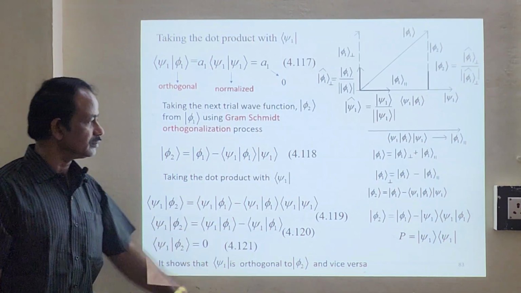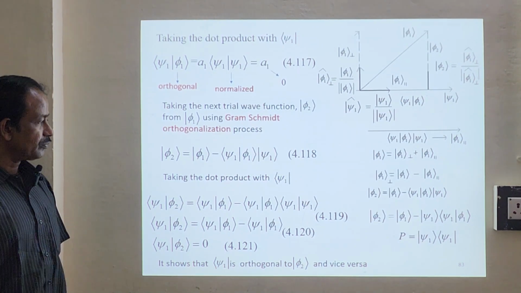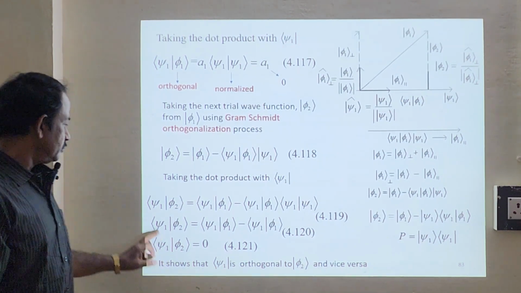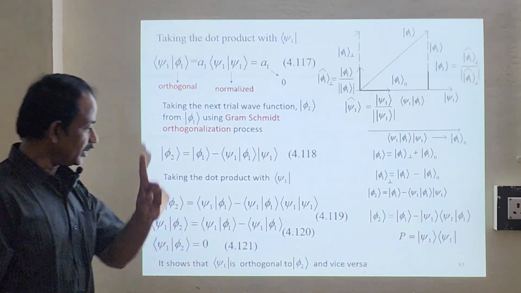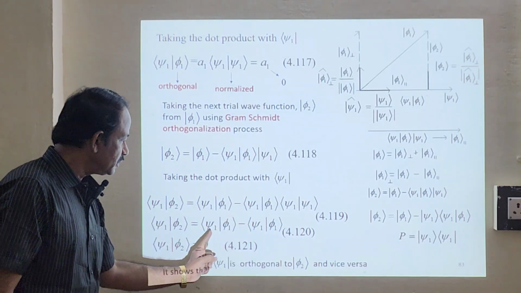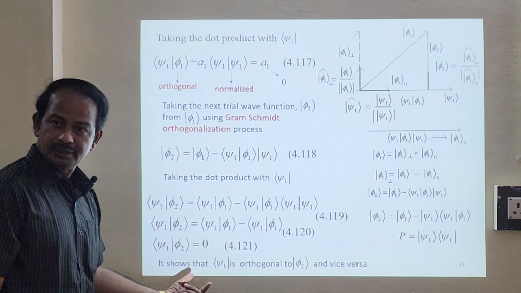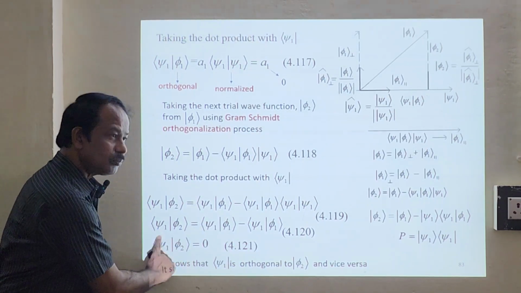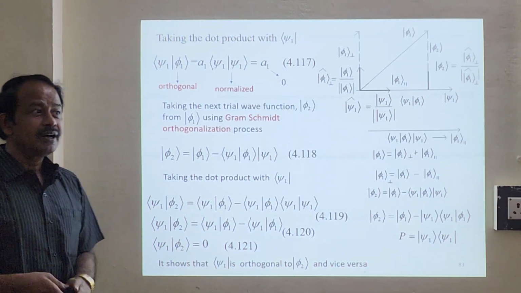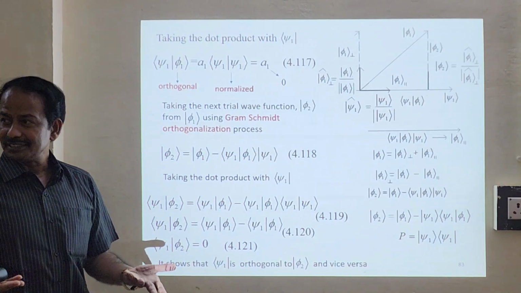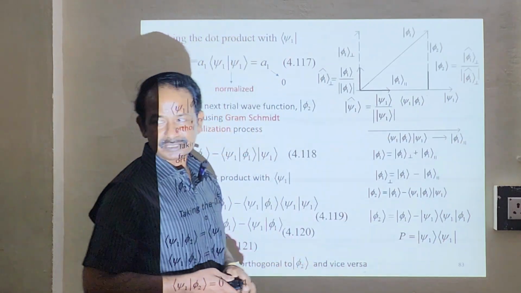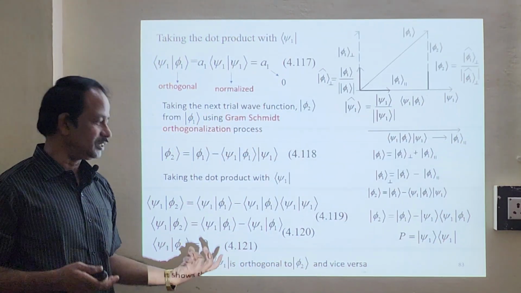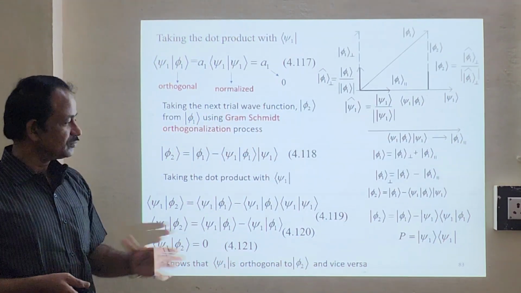So we know already this. Correct? Now psi 1 psi 1 answer will be 1. So your psi 1 phi 1 minus psi 1 phi 1 will be 0. If it is 0, both the vectors must be orthogonal to each other. So it's very clear that phi 2 is perpendicular to psi 1. So both the vectors are orthogonal to each other. Is it okay?